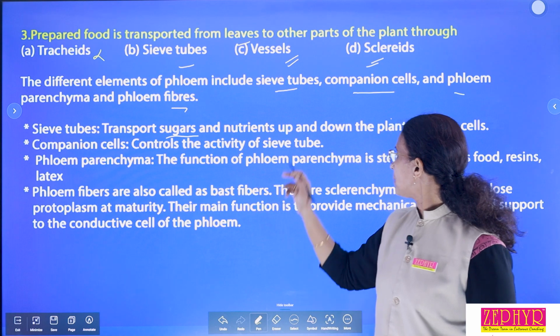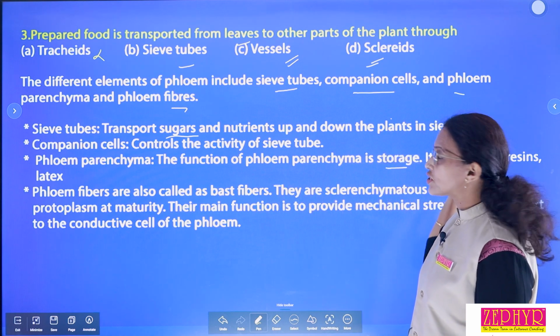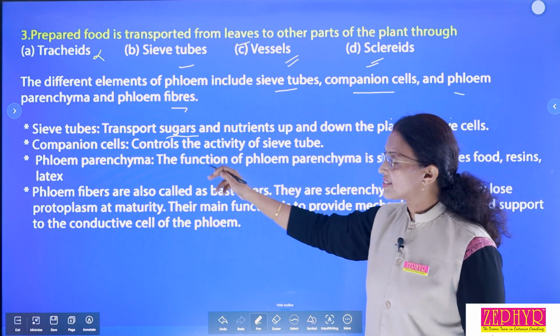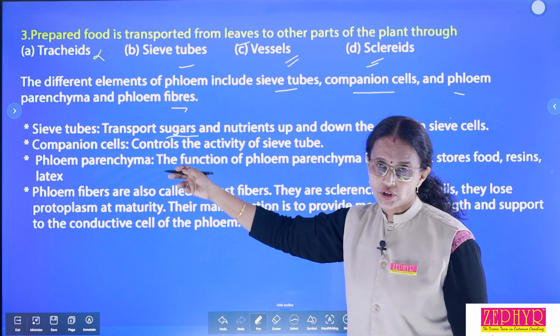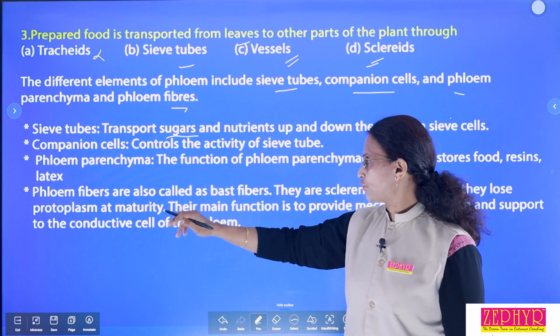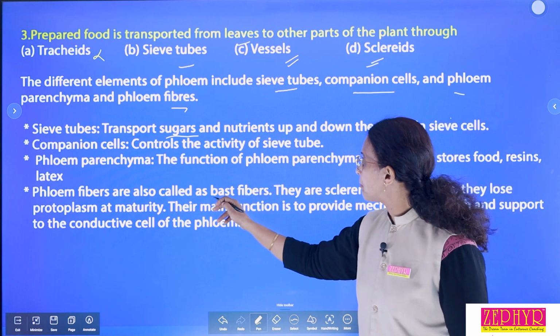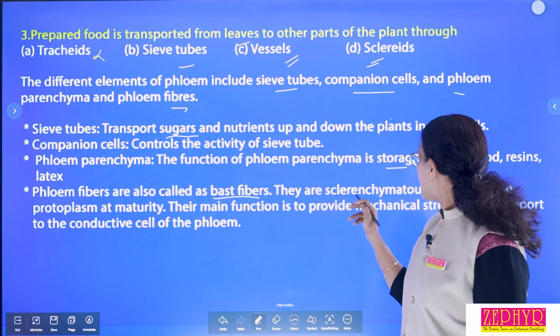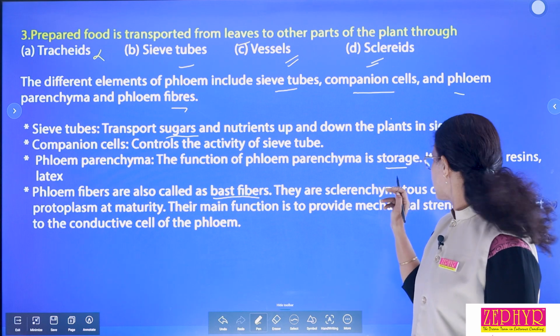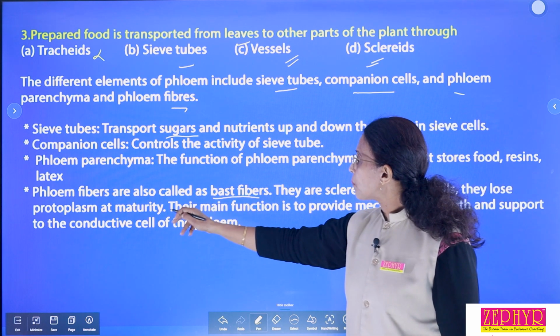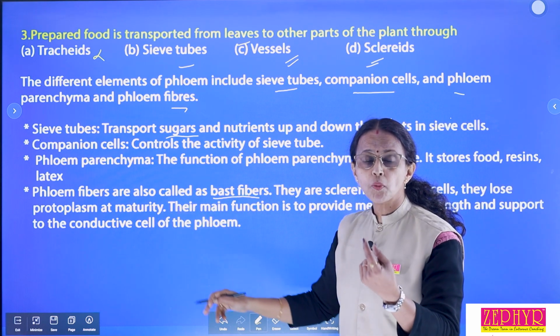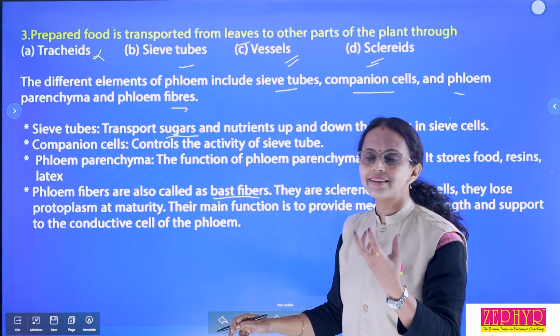Phloem parenchyma's function is storage of food, resins, and latex, not transportation. And last is phloem fiber, also called bast fiber. They are sclerenchymatous cells. They lose protoplasm at maturity, which means they are dead cells.